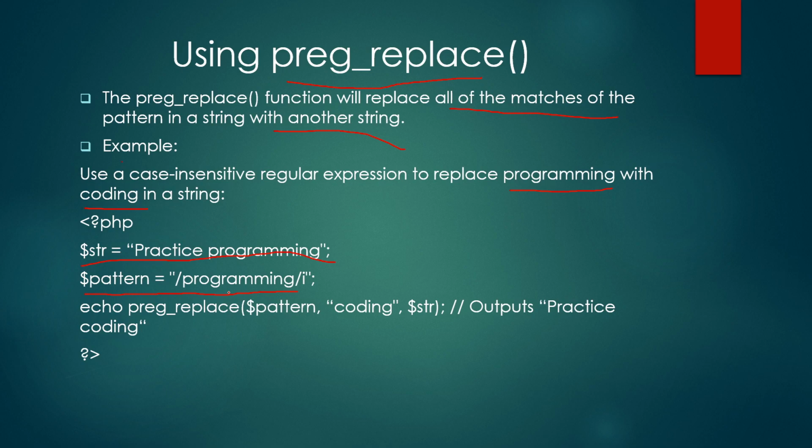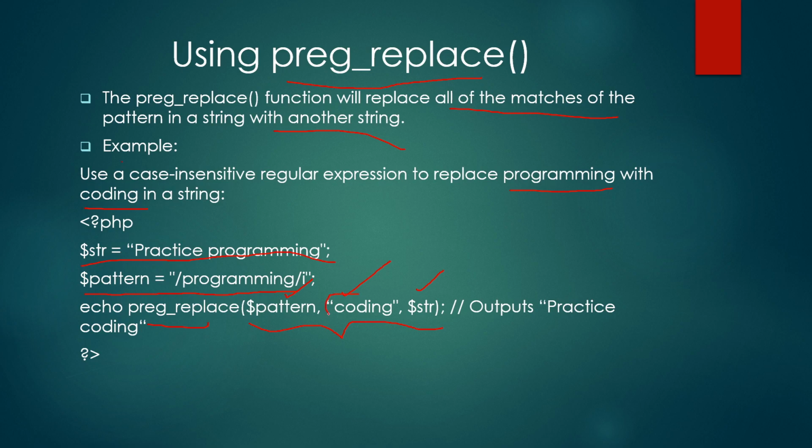in my regular expression. Now preg_replace, and this function will contain three arguments. First is our regular expression. Second will be the new string, and third will be our old string. Now the word programming will be replaced by coding.